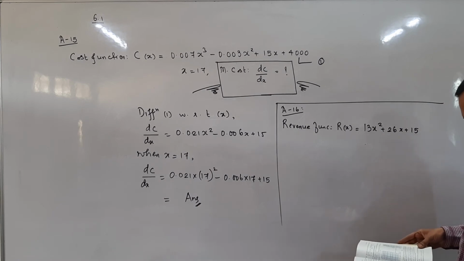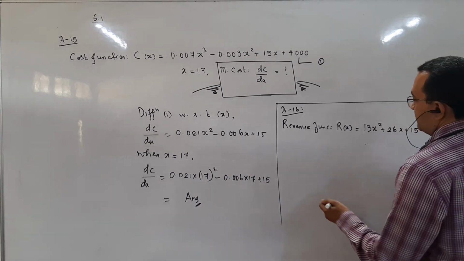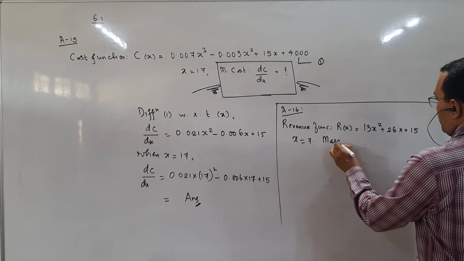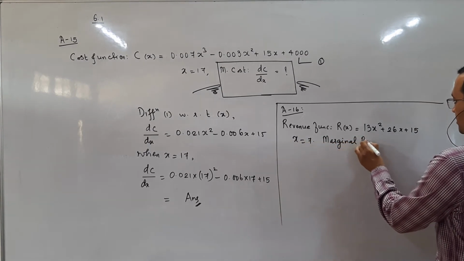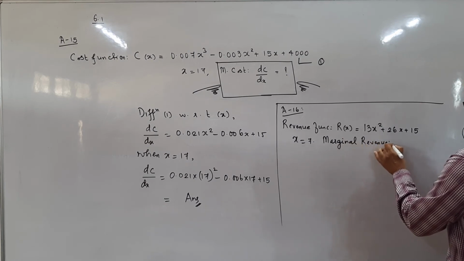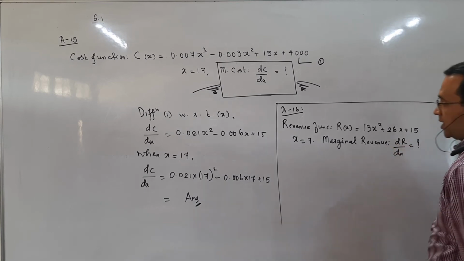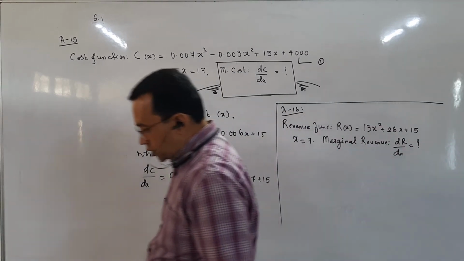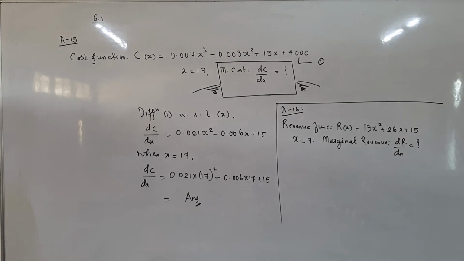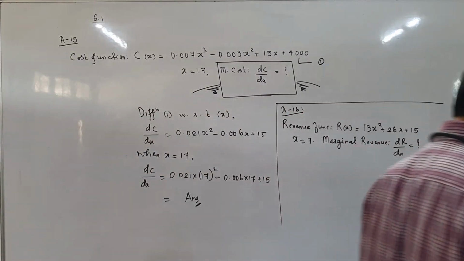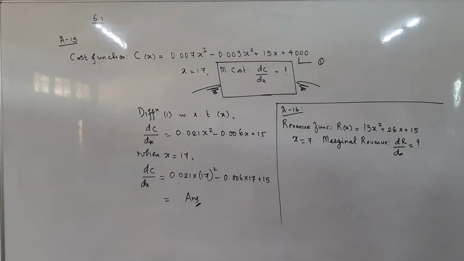Obtain the marginal revenue when x is equal to 7. So when x is equal to 7, we have to obtain marginal revenue, which is dR by dx. If it is marginal cost, then it is dC by dx, and if it is marginal revenue, it is dR by dx.